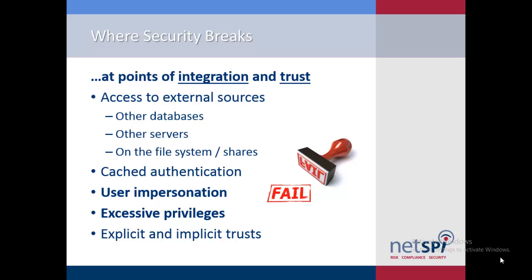And it's when we're reaching beyond the boundaries of the database that security risk starts to be introduced. In order to facilitate reaching out across these trust boundaries, we do things like cache authentication or credentials. We do things like give users the rights to impersonate other users through various methods. And we assign excessive privilege all over the place. These are the general categories that I'll be talking about in a little bit.